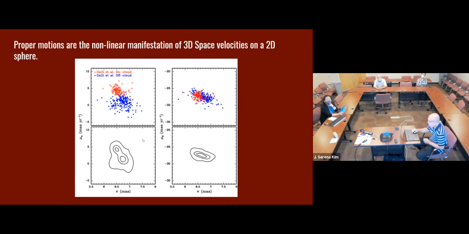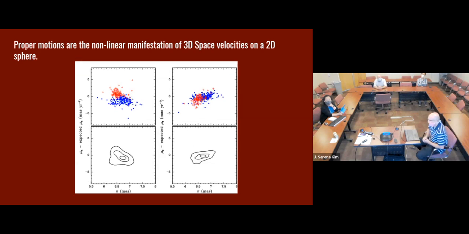However, there are little tricks that you can do to get rid of the projection effects from 3D space onto the 2D celestial sphere. These are what we call the proper motion offsets. What they are is you take the proper motion and you subtract off the expected proper motion at that position on the sky with a known parallax if it was moving with the same space velocity.